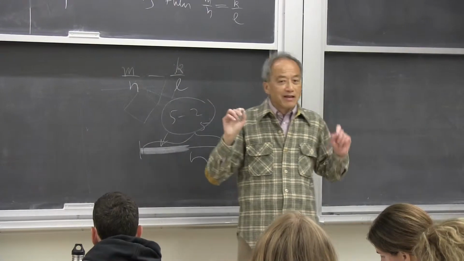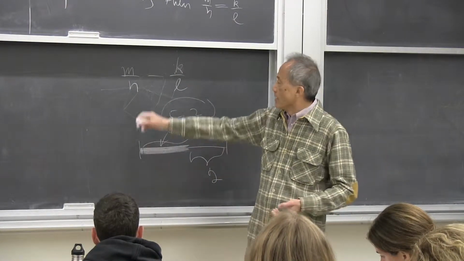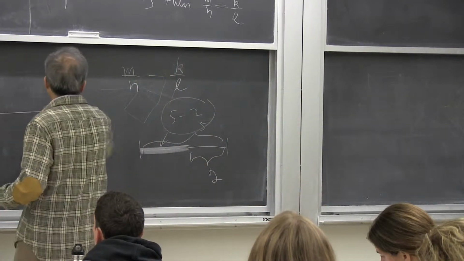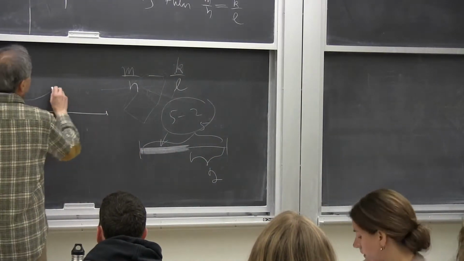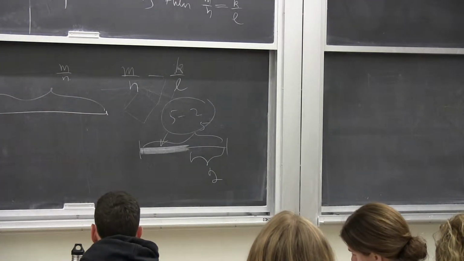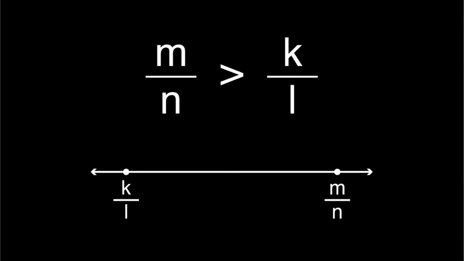Now, by our meaning of bigger than, if I look at the segment of length M over N, how does it compare with the segment of K over L? Bigger because of what? Longer because of what? It's to the right. Because K over L is to the left. Yes.